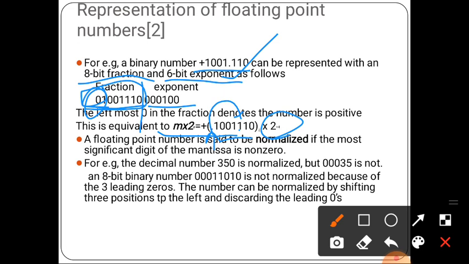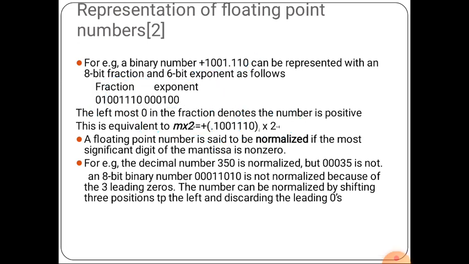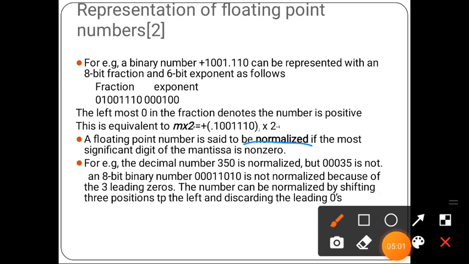A floating point number is also said to be normalized. What is meant by normalized? If the most significant bit of the mantissa is non-zero. For example, take the decimal number 350. What is the MSB? The MSB here is 3, which is a non-zero value, so this number is normalized.